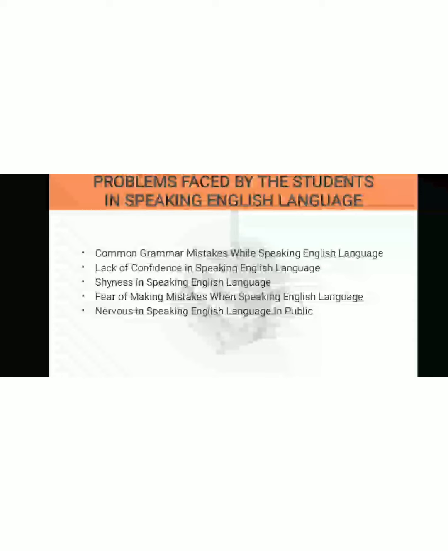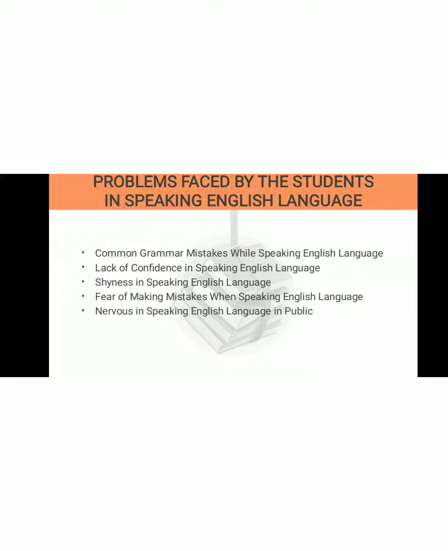The third is shyness in speaking English language. Shyness is also one of the biggest factors by which the students cannot speak English language. It's a kind of feeling which students feel while speaking English language. They are unwilling in front of their teachers and their friends.